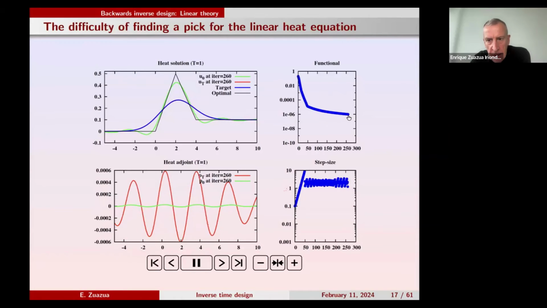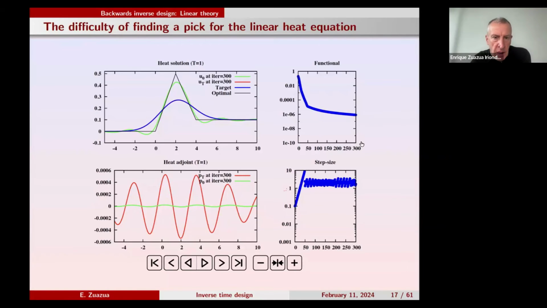And then there is a threshold after which the gradient has tremendous difficulties to evolve down. This is precisely the impact of the ill-posedness of the heat equation.